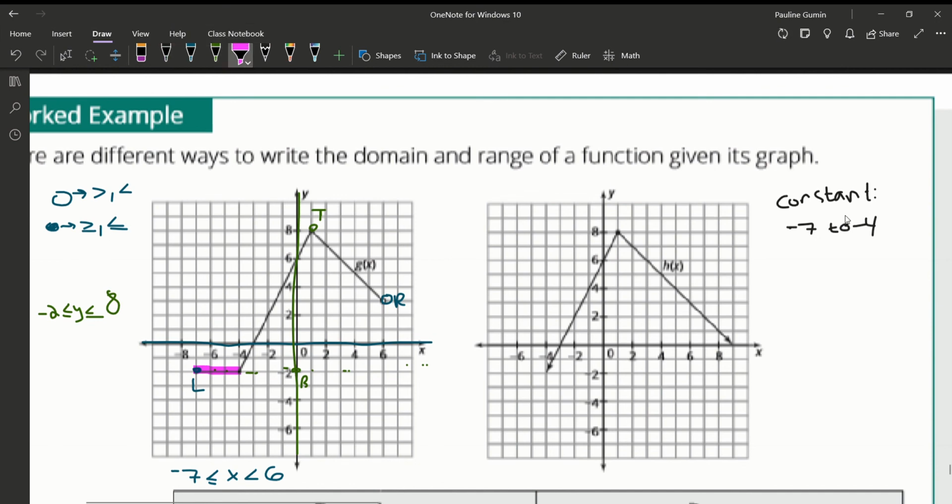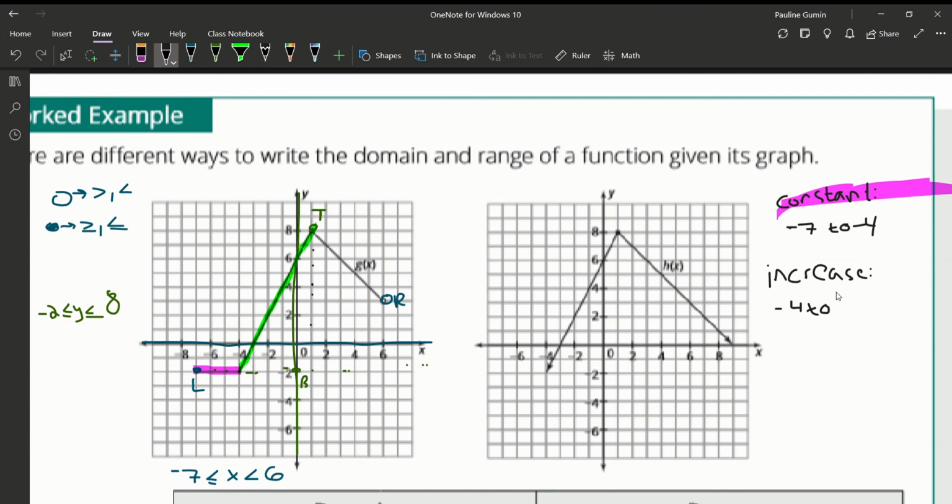And let's highlight constant. Next interval goes from -4, it goes all the way up there. That one is going upwards. It's increasing. It starts at -4, and it increases all the way, what's that, +1?